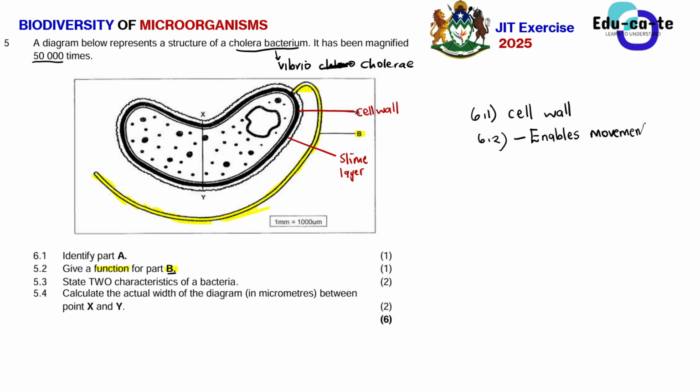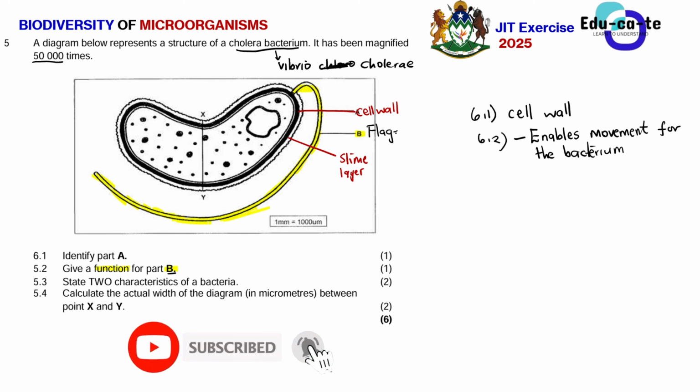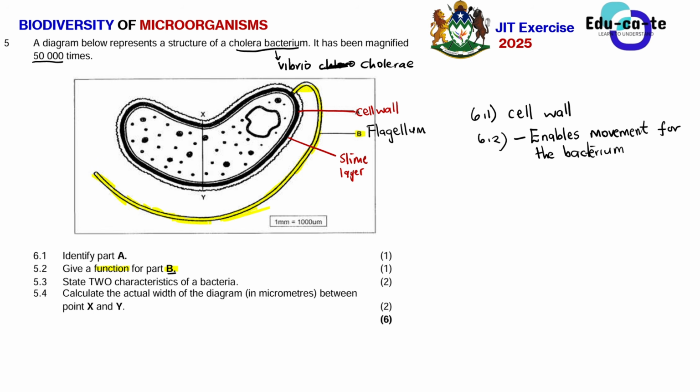So the function of part B is to enable movement for the bacterium. For the bacterium to be able to move, it requires this flagellum structure. It is the one that swims inside the fluid.